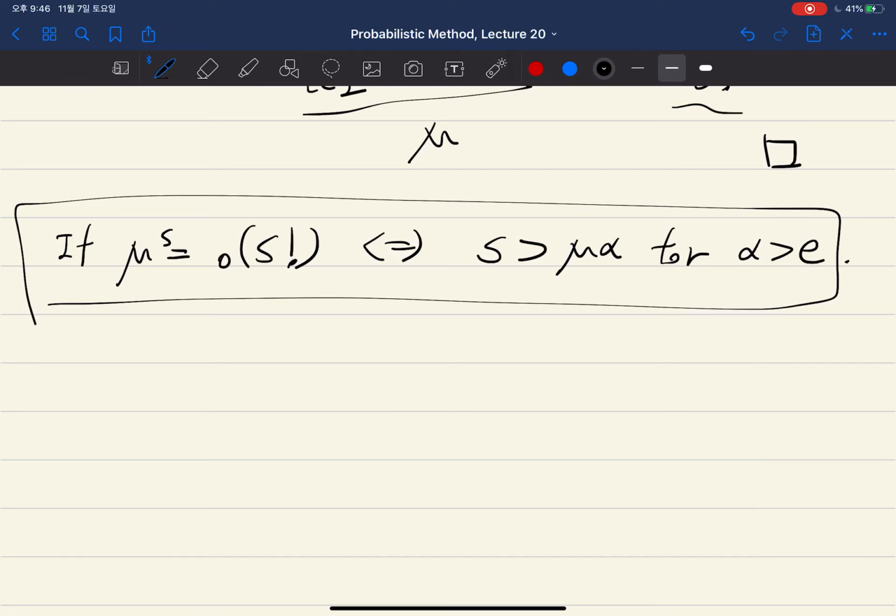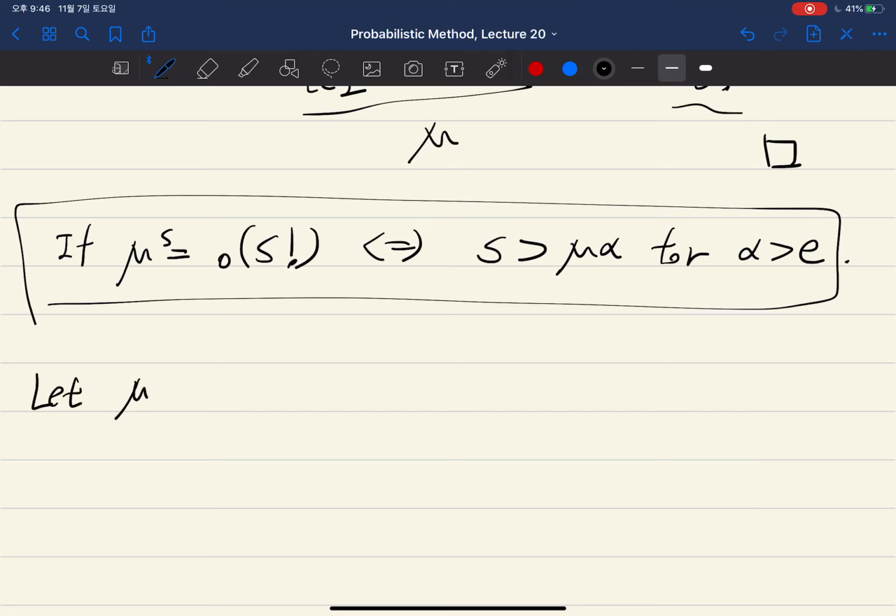But if S is small, then we can instead consider the maximal disjoint family. So in order to estimate the probability of the existence of a maximal disjoint family with size S, we want to define some terms.